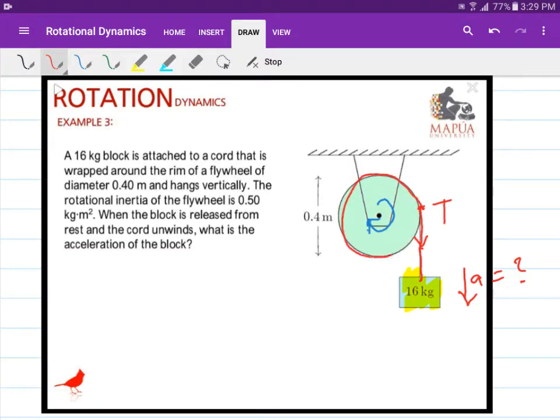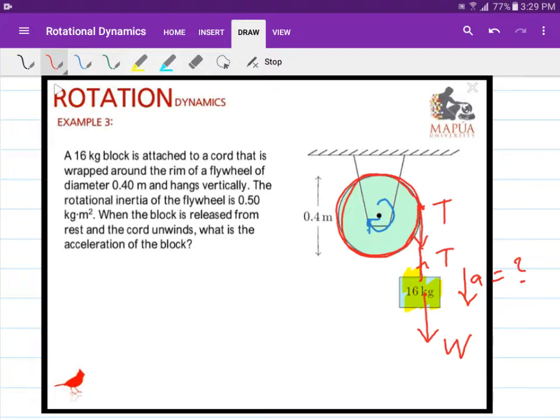Let's draw it here. We have a tension here, and this tension is also felt by the block. Also, we note that the block has a weight here.